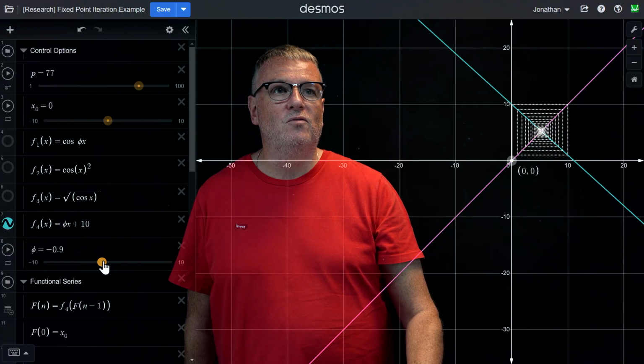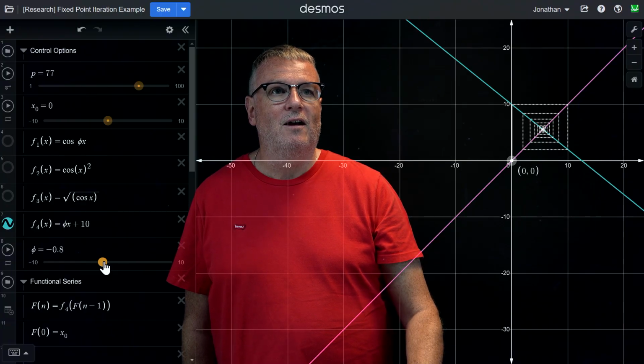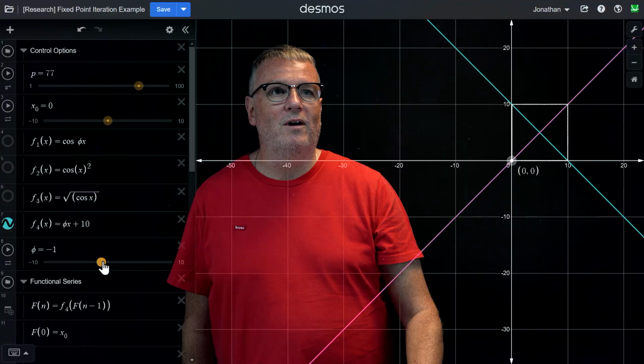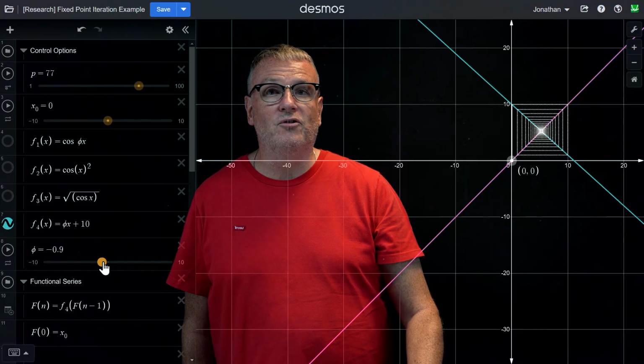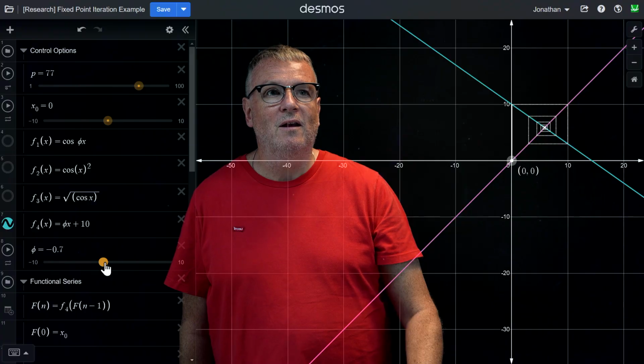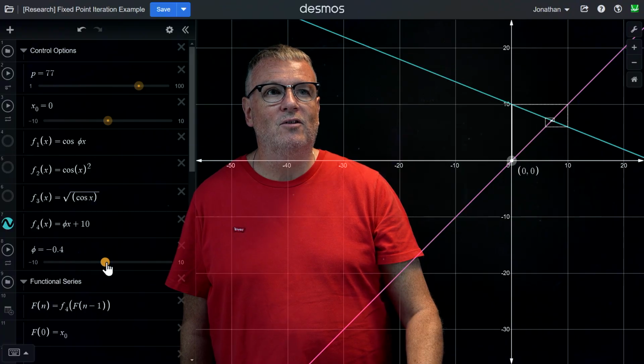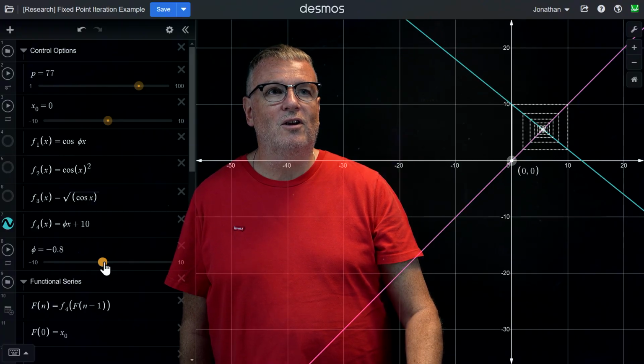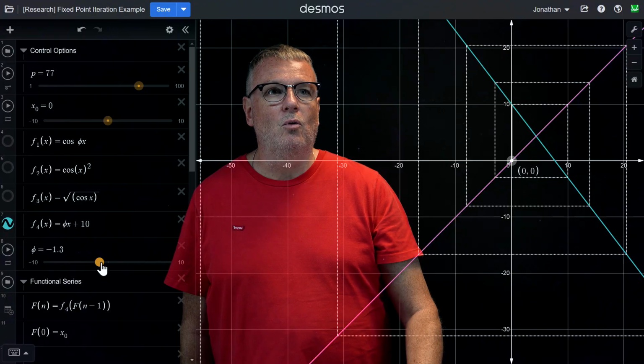But if I move the slope slightly, there's an example where it actually needs lots of iterations to find the answer, not so many, not so many. So we can see how the slope is really... oh, what's happened here?